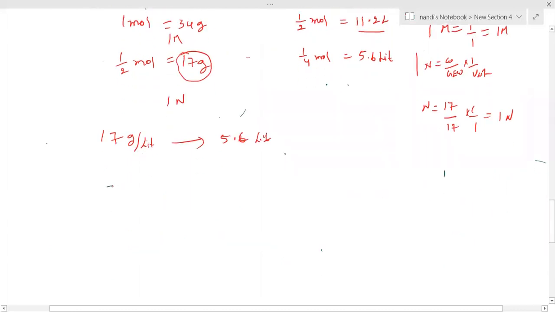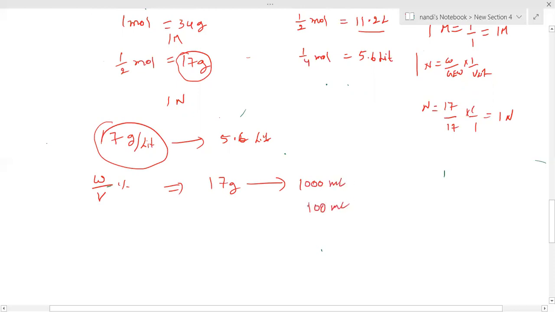Next, you can see W by V percent also we can express here. 17 grams per 1 liter means 1000 ml contain 17 grams. If 100 ml, how much do they contain, we can calculate. X equals 17 into 10 by 1000, you get 1.7 grams.